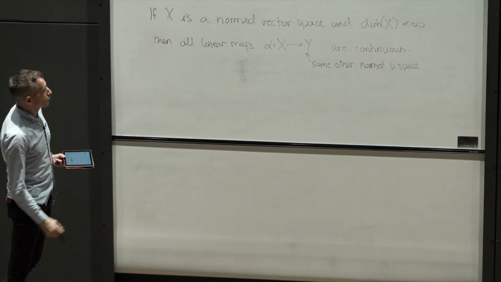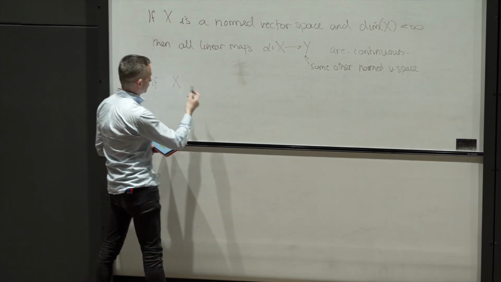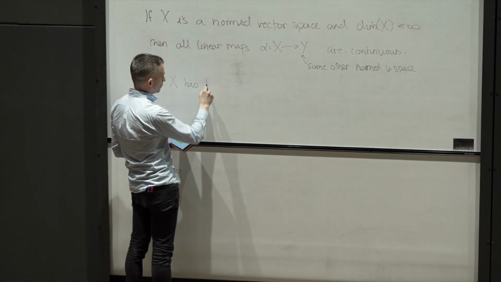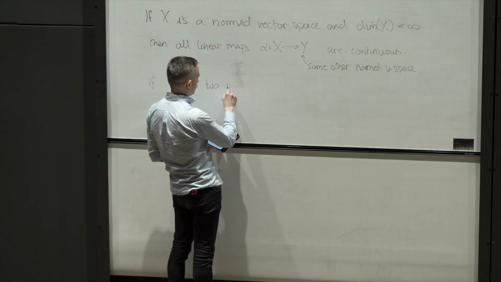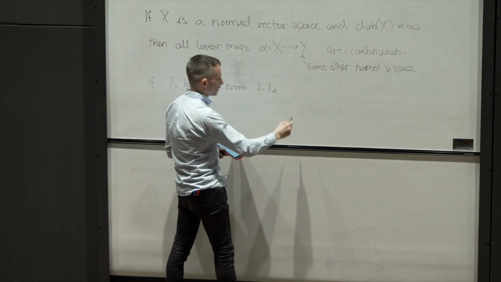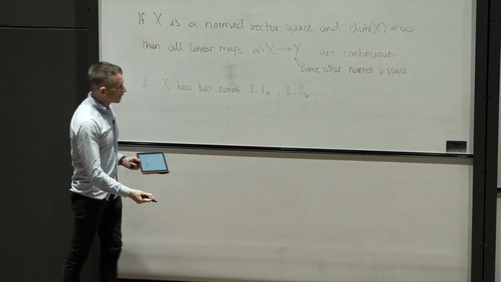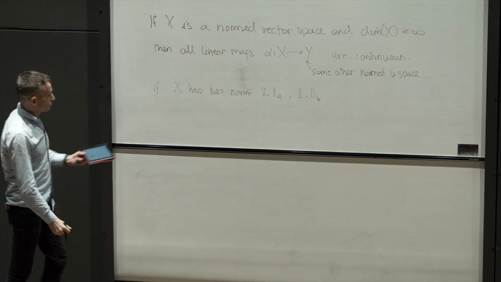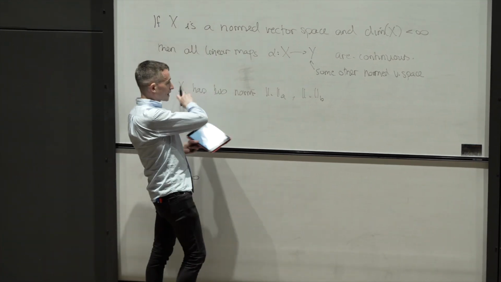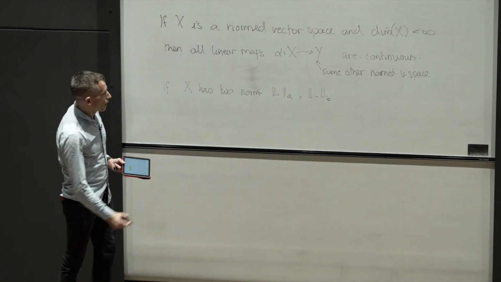So an important consequence of this is that if you have X equipped with two norms, so I'll call them norm A and norm B, then you get two different normed spaces, one with the vector space X with this norm, and the other the vector space X with this norm.